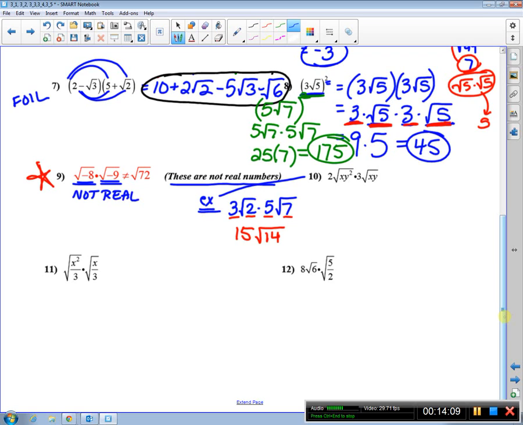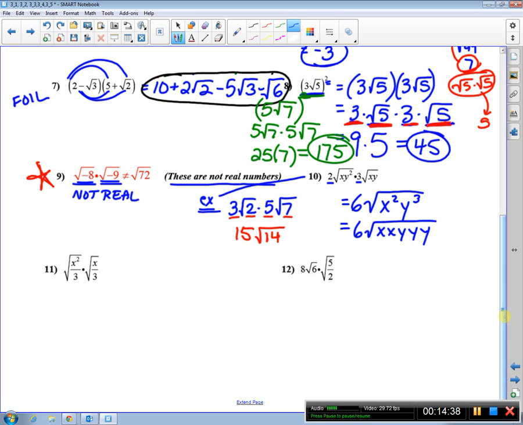So in number 10, since we're multiplying, let's take the 2 times the 3, and underneath the radical, the xy squared times xy is x squared y cubed. And now let's simplify. This means x times x and y times y times y.